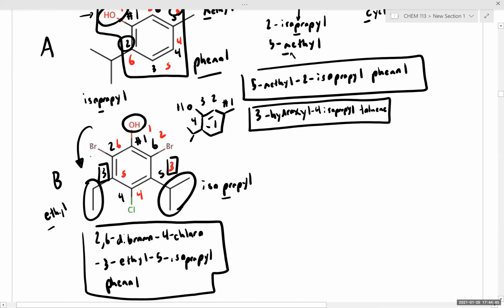So we have a bromine at the 2 position. We have an ethyl group at the 3 position. We have a chlorine at the 4 position. We have an isopropyl at the 5 position. And we have a bromine at the 6 position.